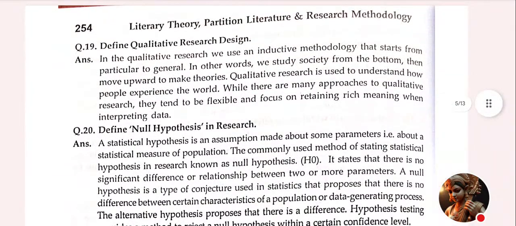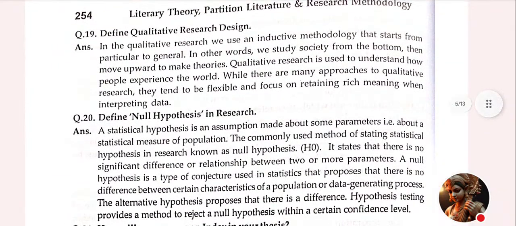Question 19. Define qualitative research design. In qualitative research, we use an inductive methodology that starts from particular to general. In other words, we study society from the bottom, then move upward to make theories.